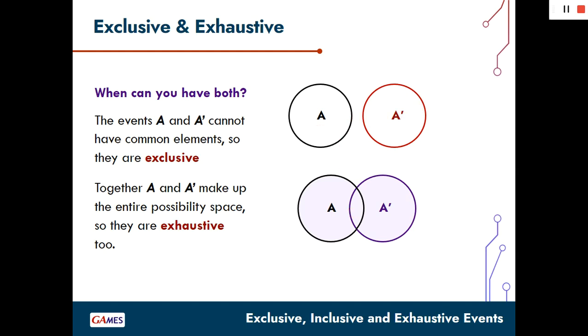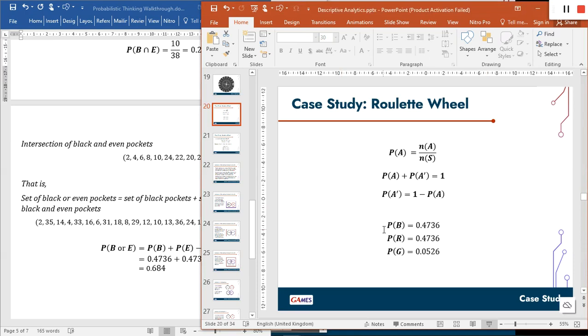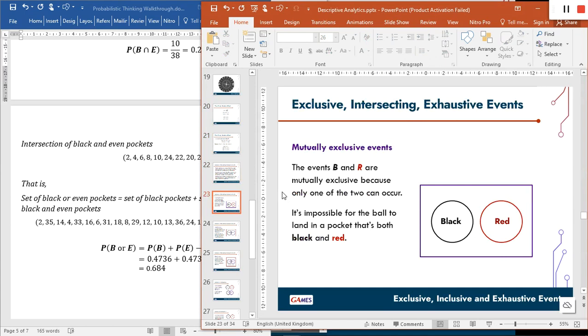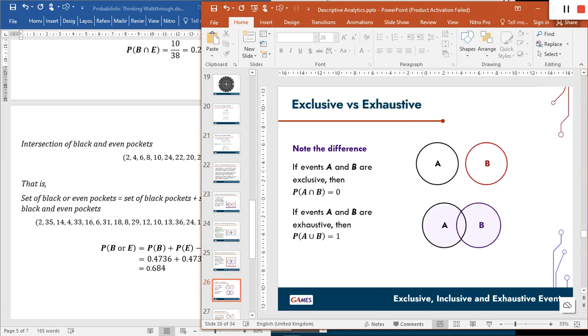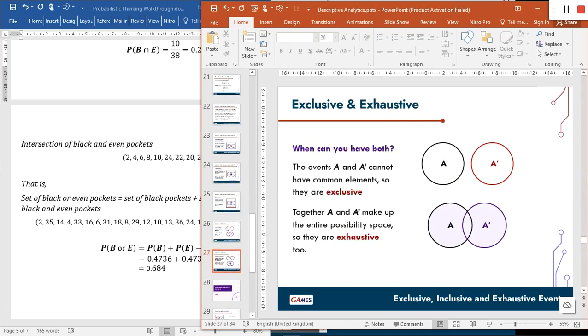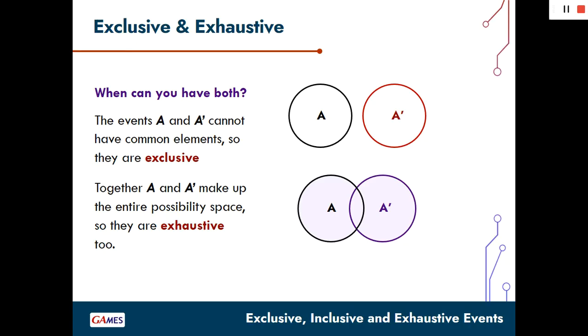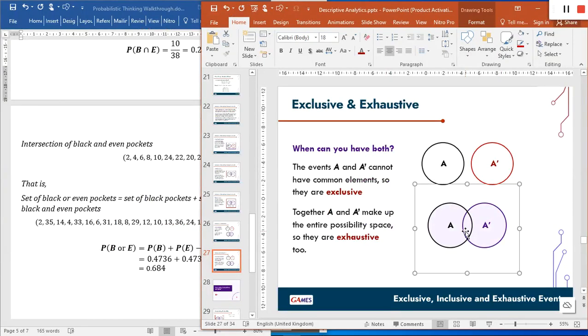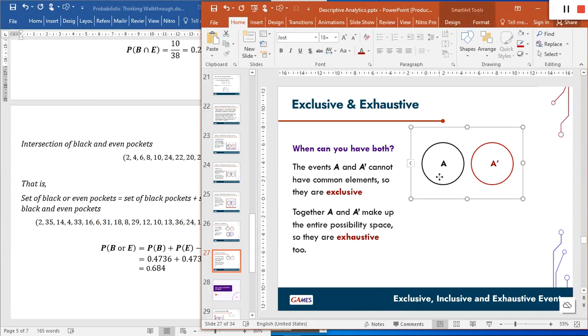I don't think this diagram should even be here, because A prime cannot intersect with A. You can't have an intersection of A prime and A. So let's remove that. We just need this diagram.